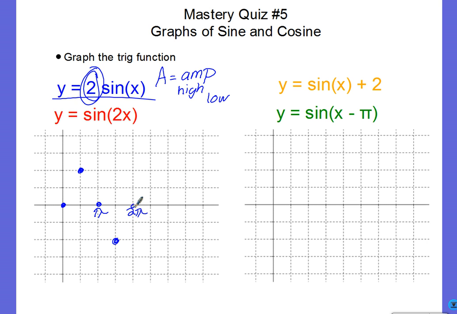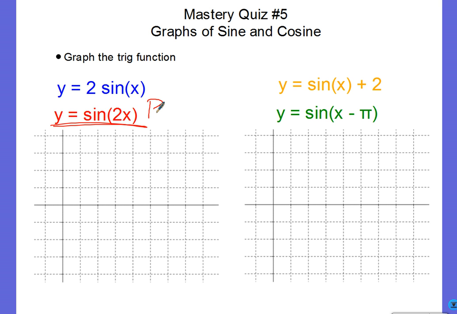So it's changing how high and how low we're going to go. It's the same pattern, but we're going up 2 rather than just going up 1. That's all that does.